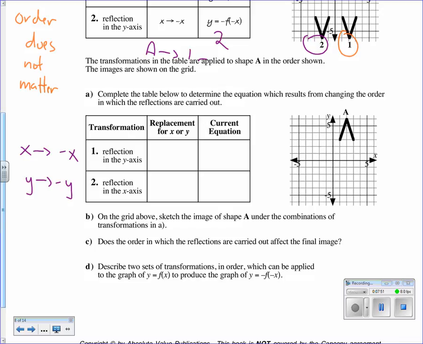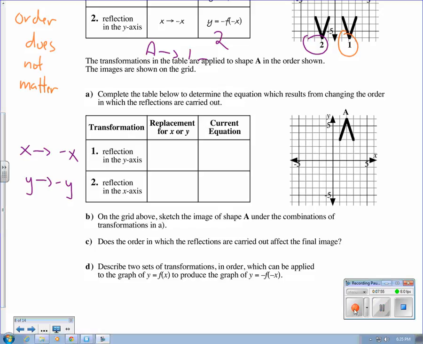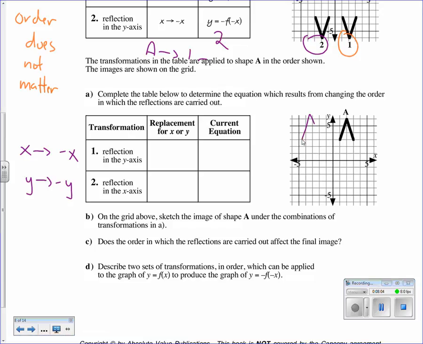What happens when I reflect in the y-axis? When I end up with that reflection in the y-axis, I end up with a mirror image somewhere in this zone. And then when I reflect in the x-axis, I end up flipping it around, and it does something like that. So I go from A to 1 to 2.